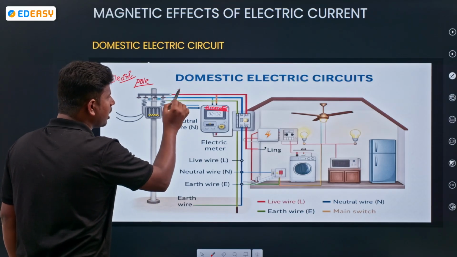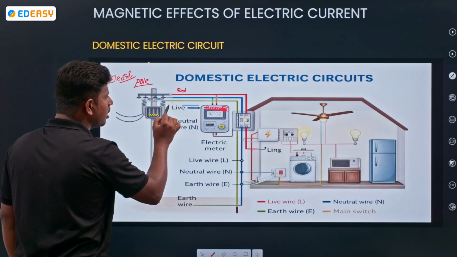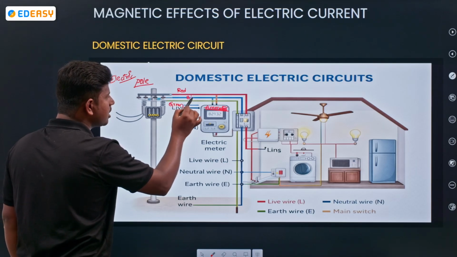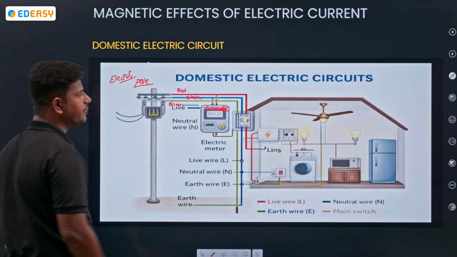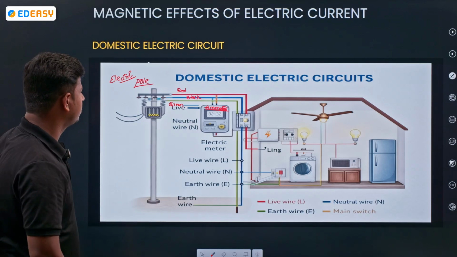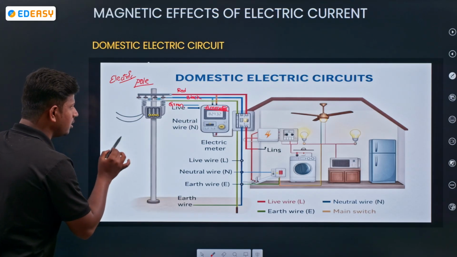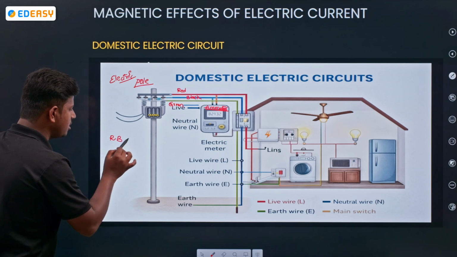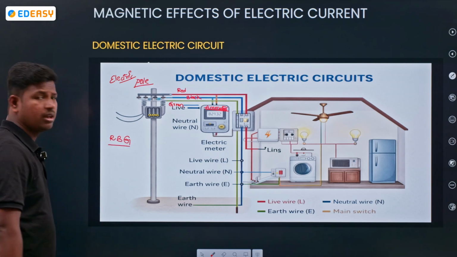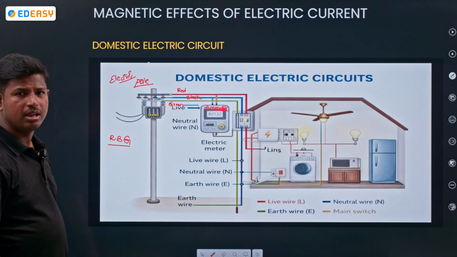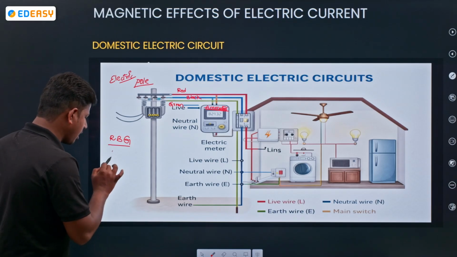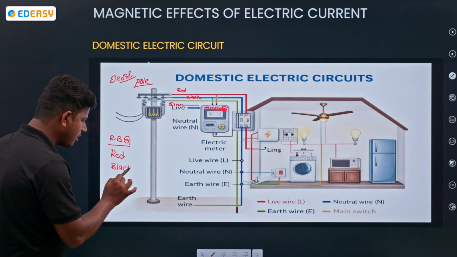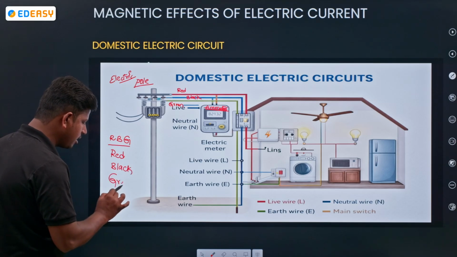See, red, green, okay. This is black. The center one is black. Three, three, or R, B, G. Red color, black, and green.